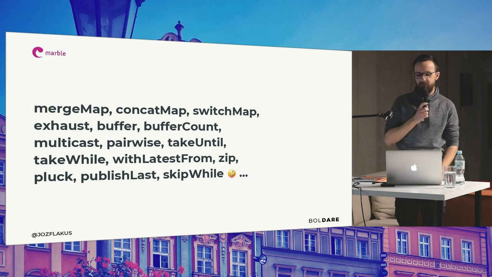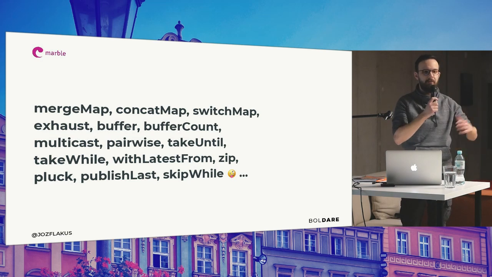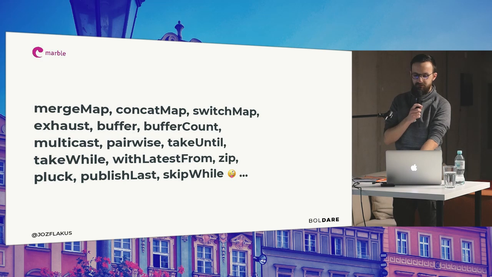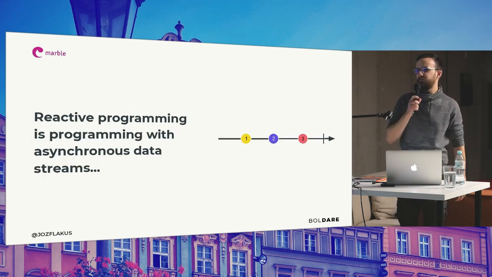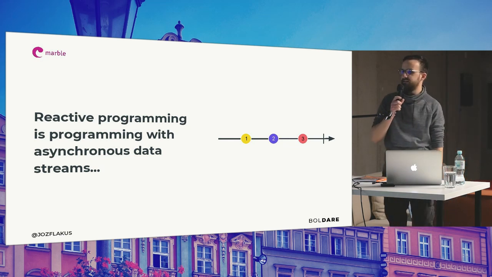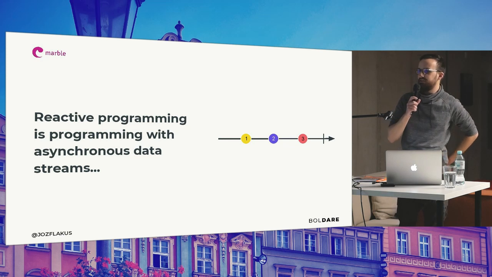But in reality, reactive programming is not only about using those operators together and how you can apply them together. No, that's not reactive programming. Reactive programming is basically just dealing with asynchronous data streams. This is a very short definition proposed by André Staltz, and it tells everything about functional reactive programming.